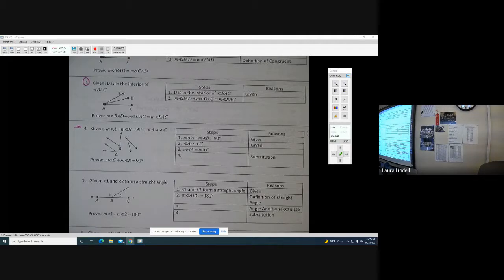So what goes up there? Angle A is congruent to angle C. And then measure angle A. So we didn't switch sides.